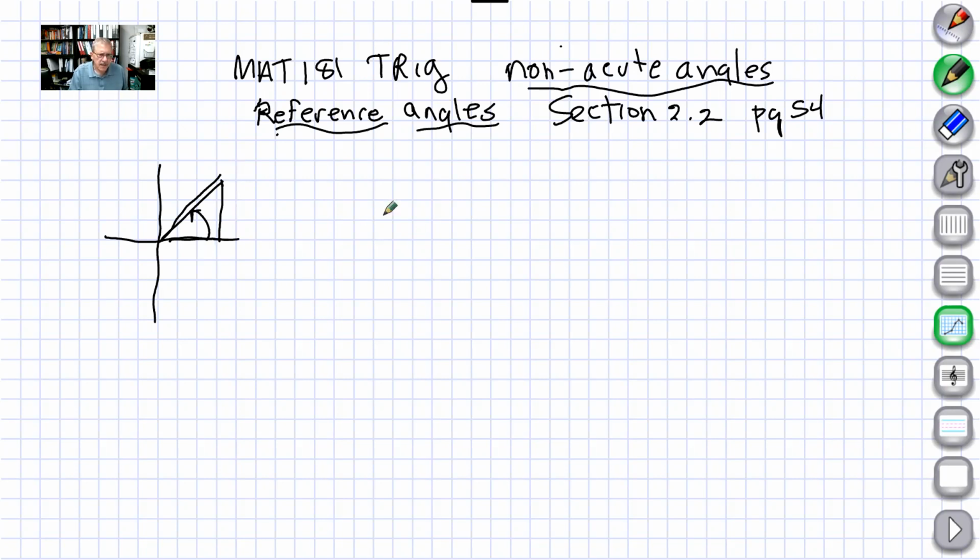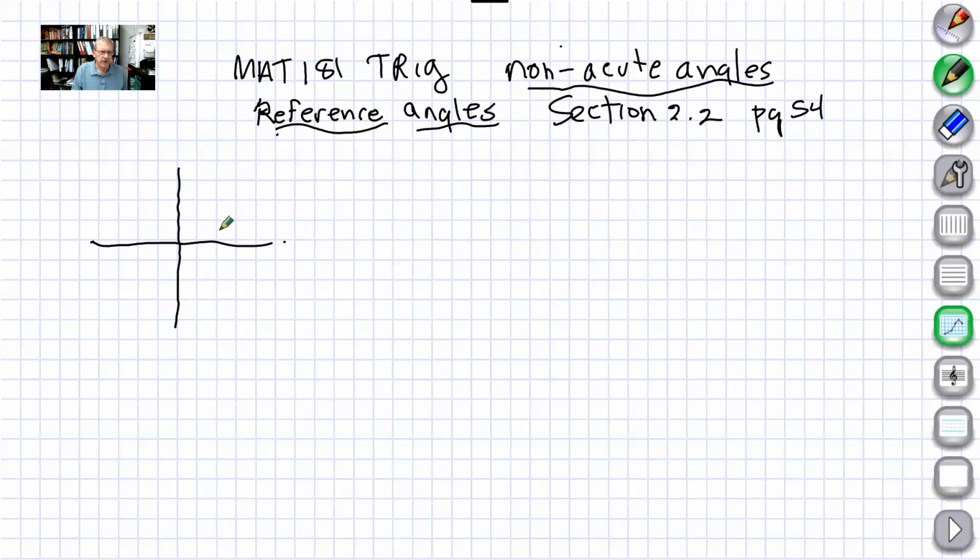But what we want to do is, sometimes if we have a very large angle, we want to write it in terms of a smaller angle. Let's try a good basic angle that we might get.